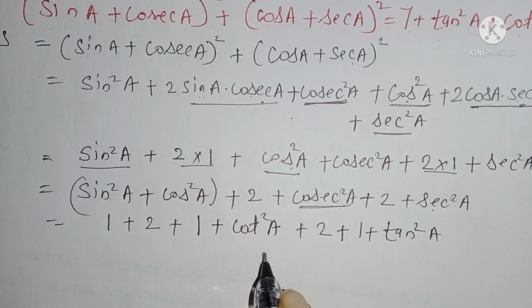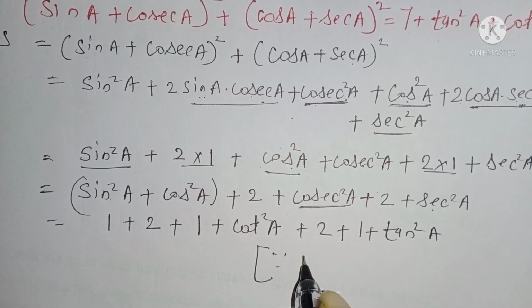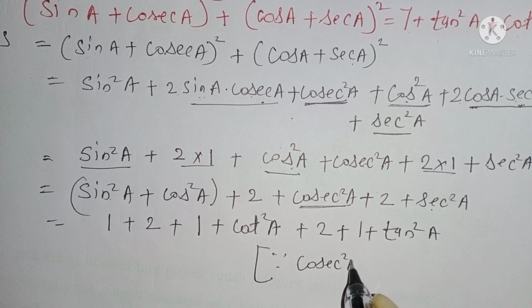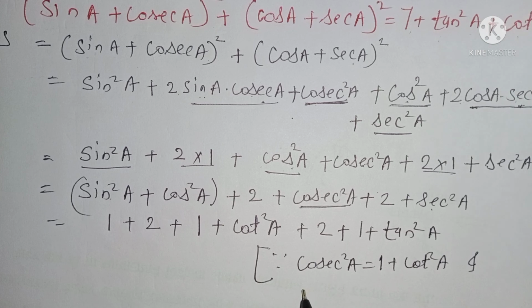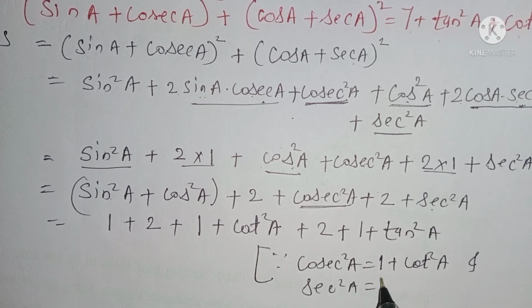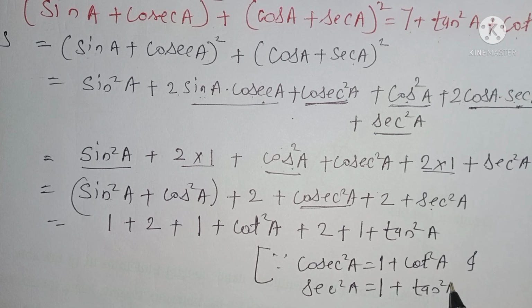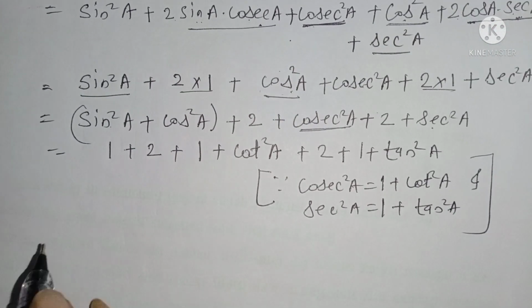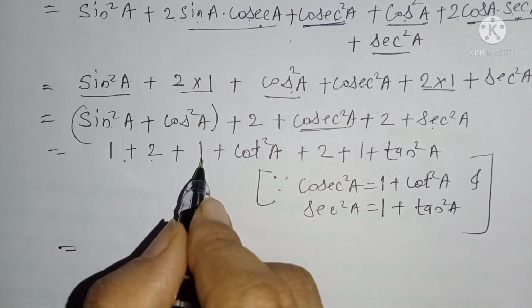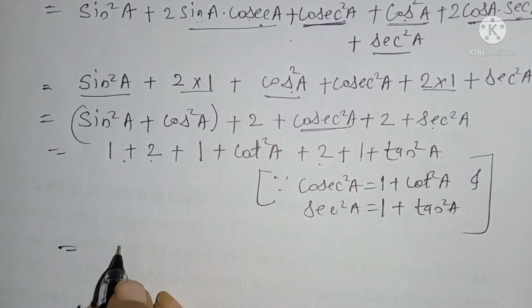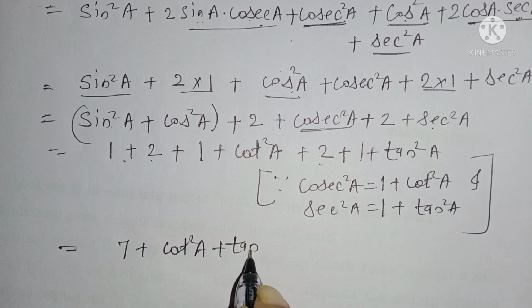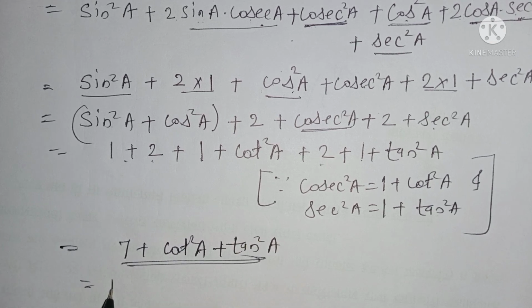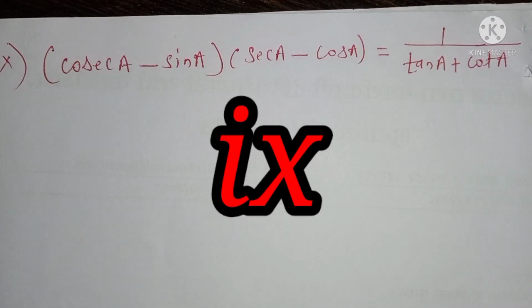And give the reason here, in brackets, because cosec² a is equal to 1 plus cot² a and sec² a is equal to 1 plus tan² a. Now here this is 1 plus 2 is 3, 3 plus 1 is 4, 4 plus 2 is 6, 6 plus 1 is 7. This is 7 plus cot² a plus tan² a, which is equal to RHS, hence proved.